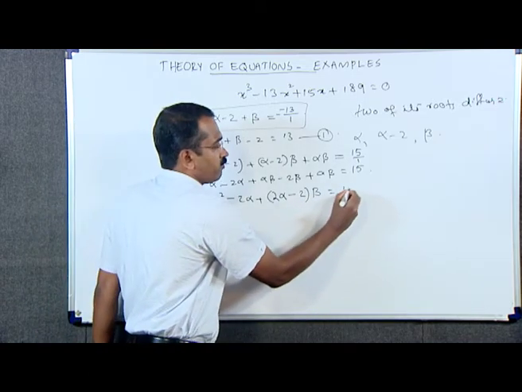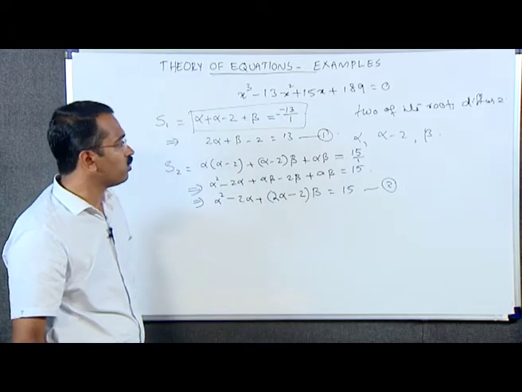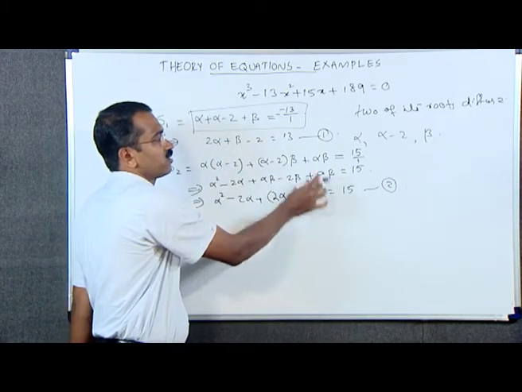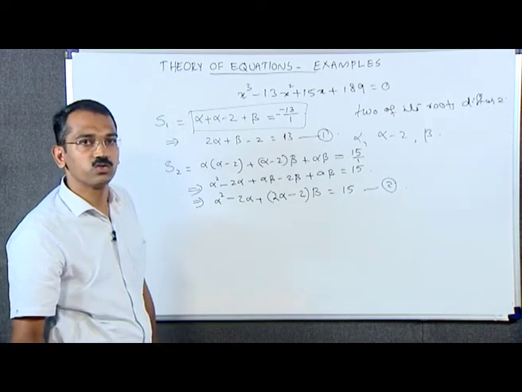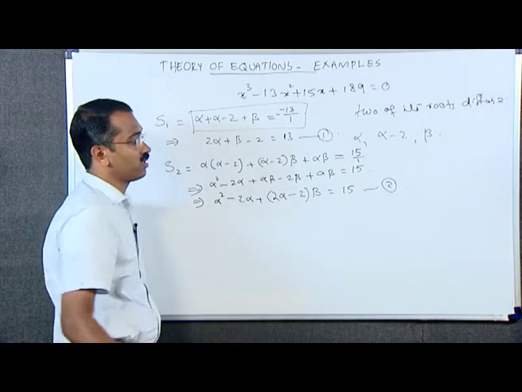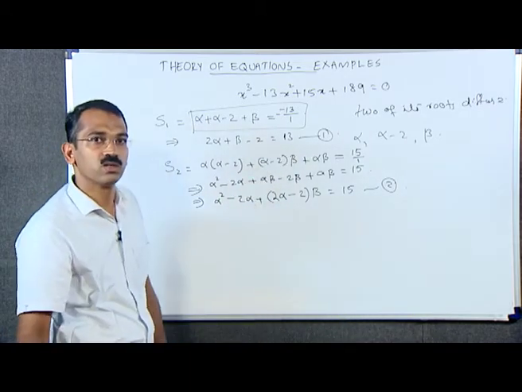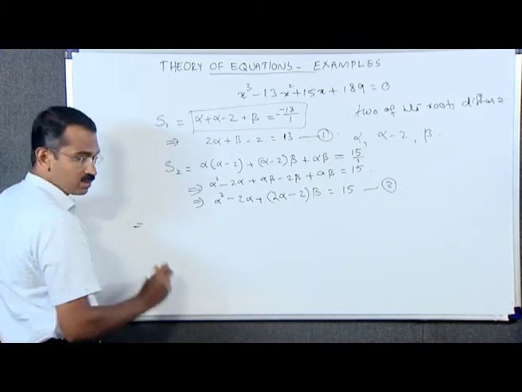This is equal to 15. Let it be equation number 2. Now, using these 2 equations, that is equation number 1 and equation number 2, we can eliminate beta.